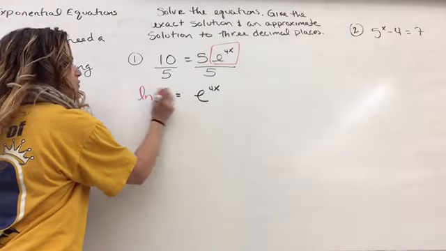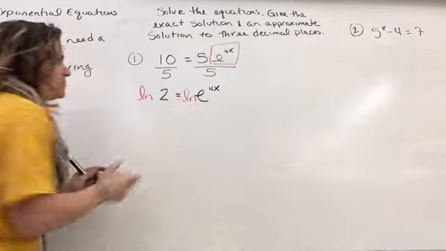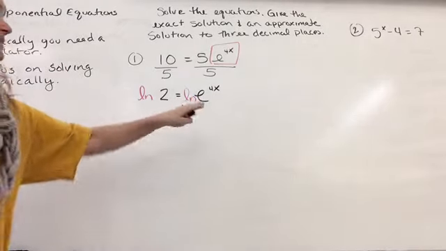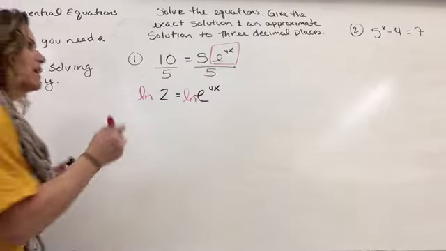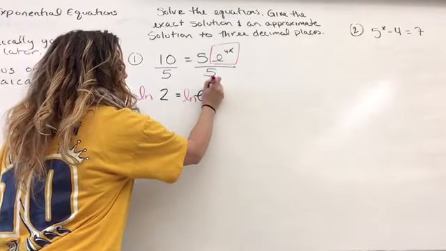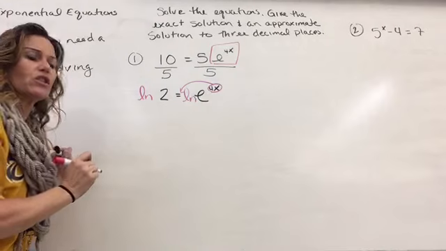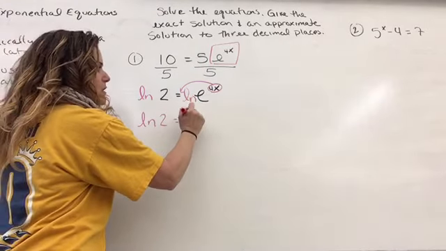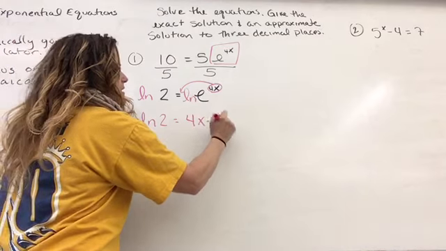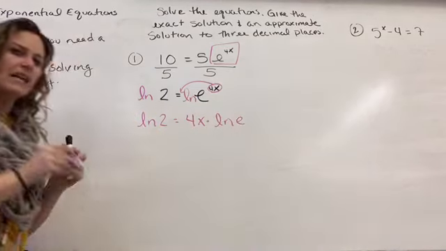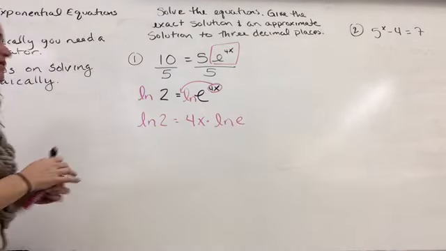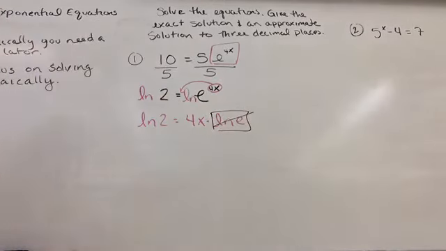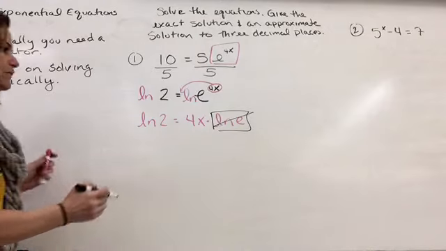So natural log is written as ln, and that's going to cancel these out. But before it cancels out, much like the log, it allows our exponent to pop out here to the front. So now I have the natural log of 2 equals 4 times x times the natural log of e. The natural log and the e value, they cancel each other. They go bye-bye. It's essentially 1.